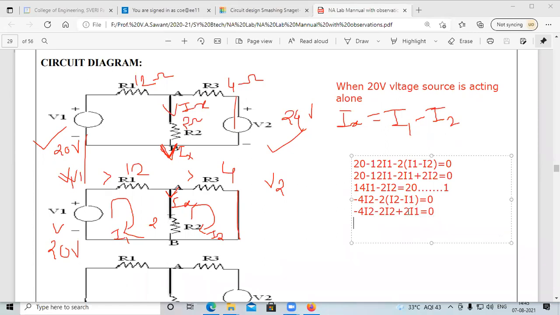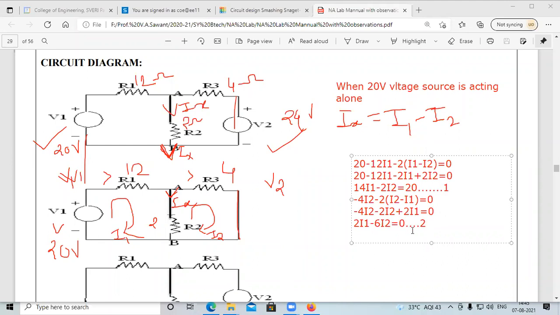Simplify this: minus 4 minus 2 is nothing but minus 6, that is 2 I1 minus 6 I2, it is equal to 0. Okay, so this is equation second.